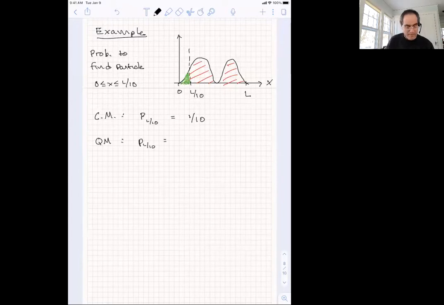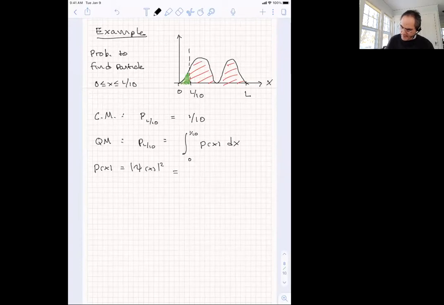Here, we have to get the probability by integrating the probability density over the range x equals 0 to x equals L over 10. And the probability density is just the absolute value of the wave function squared.